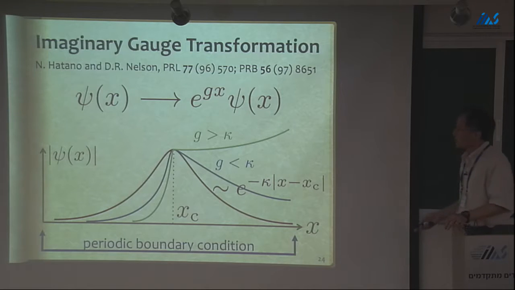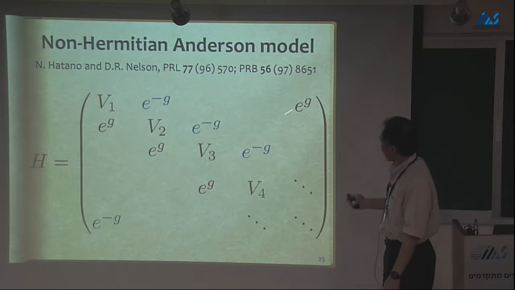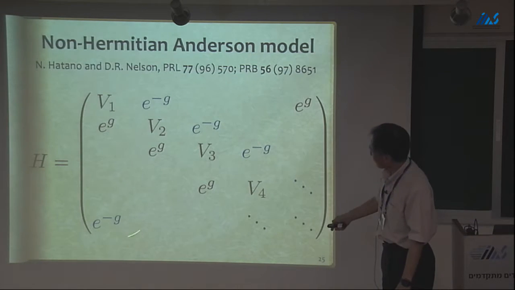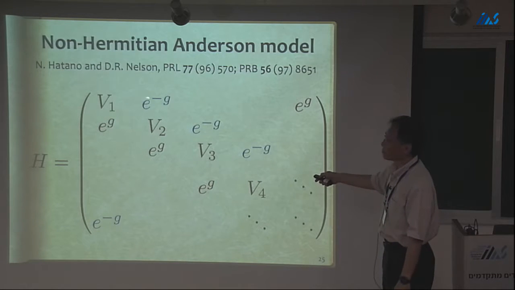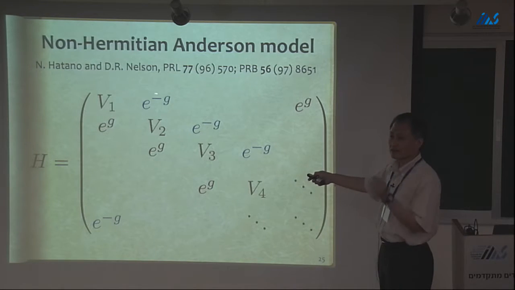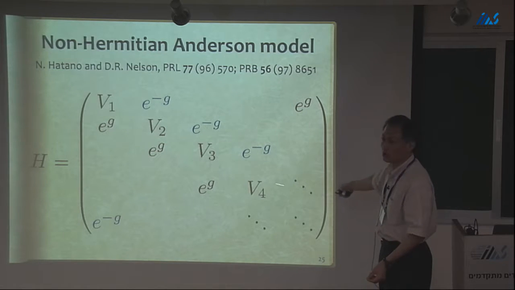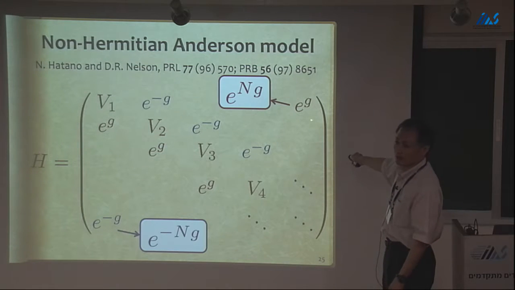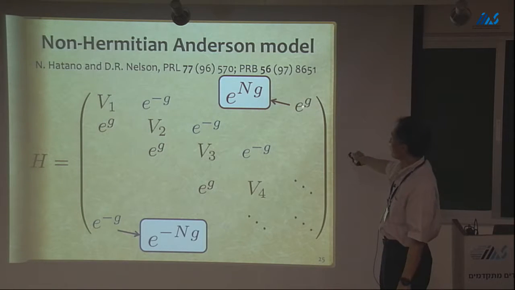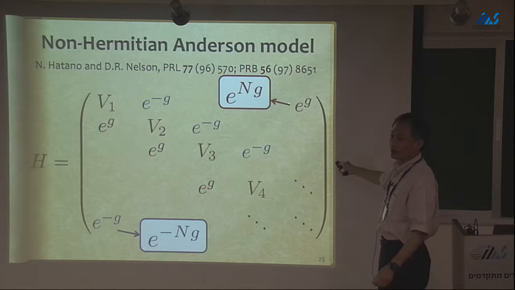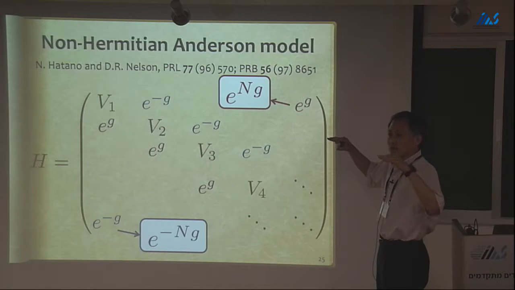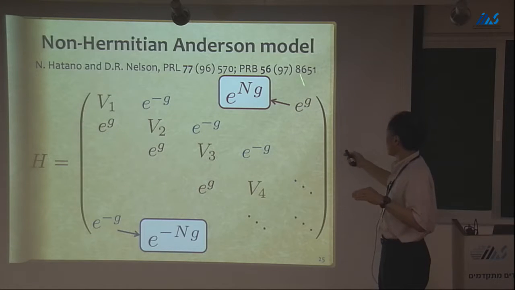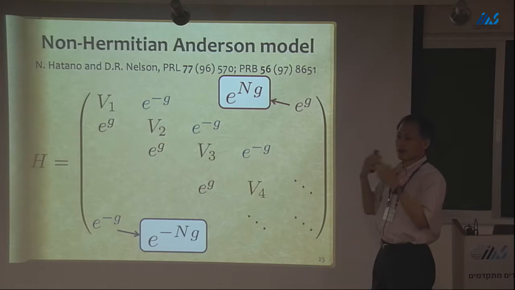In the language of matrices, we have this periodic boundary condition, and if we do the imaginary gauge transformation, we can make all of these the same, but then we have this large element in the boundary. If the eigenfunction has a substantial element here, then something changes.